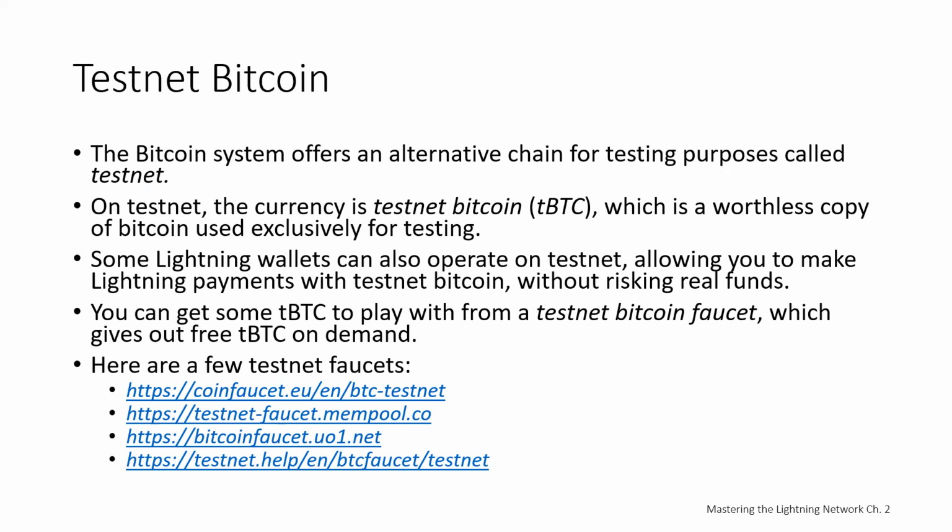And so using testnet Bitcoin is a great way to experiment with Lightning without risking any funds. For example, Zap Mobile, which I'm going to use for some examples in this chapter, supports testnet Bitcoin, and so you can test it. Here are a few examples of testnet faucets on the internet, but there are many others besides those. Generally, you fill out a web form, and then they send you some testnet Bitcoin to your address.